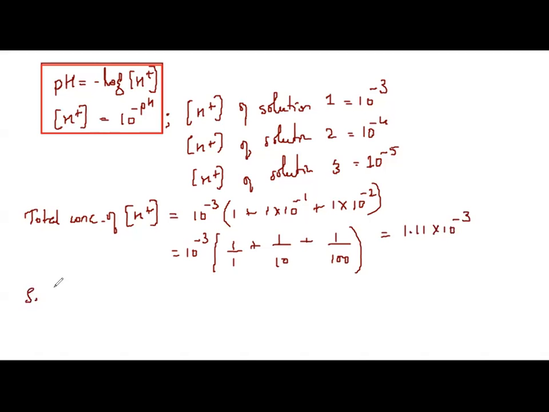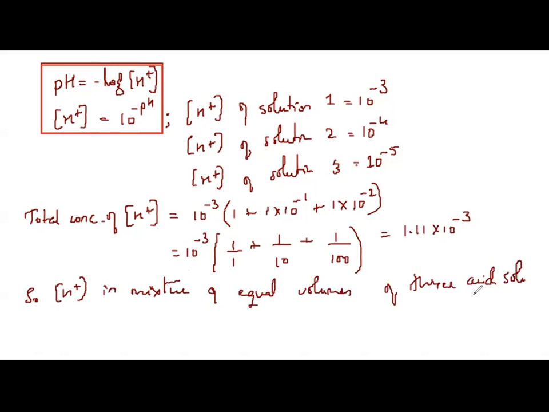So H plus ion concentration in the mixture of equal volumes of 3 acid solutions, equal volumes I have said, will be equal to 1.11 into 10 raised to minus 3 divided by 3, because 3 solutions.